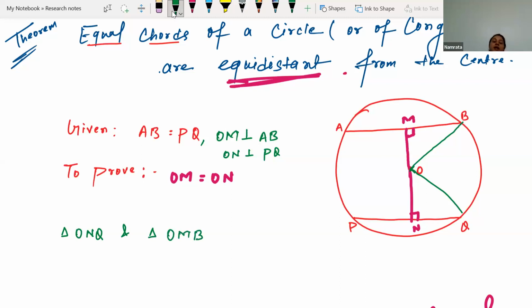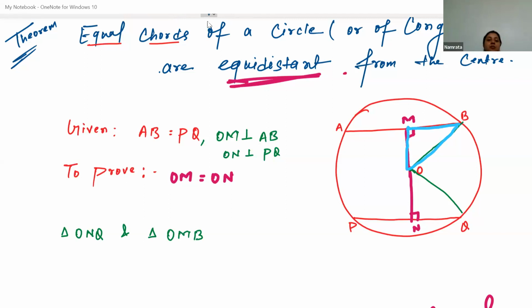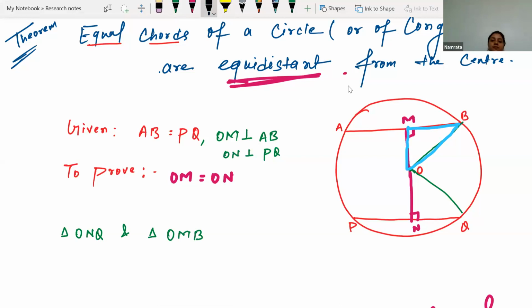Can you see both the triangles? I am talking about the sky triangle and the black triangle.